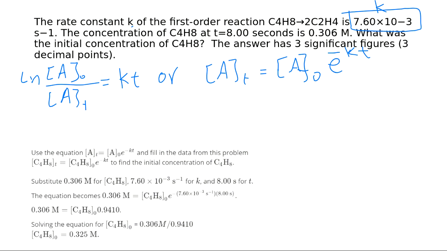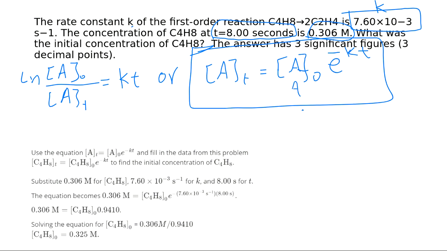So when you have this equation, now k is given to you, the concentration at t, 8 seconds. What is the initial concentration? So this is what we are trying to find out.